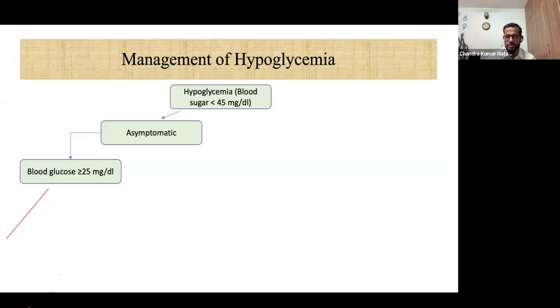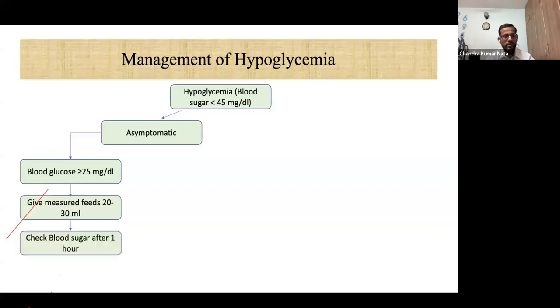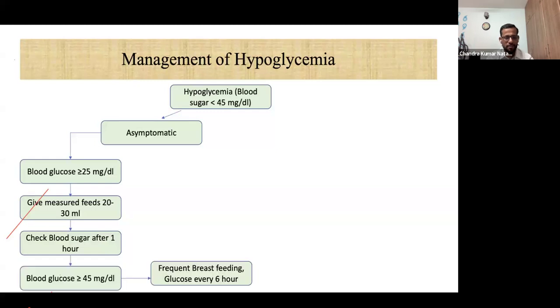Babies may not be symptomatic at 2 hours. If you check blood sugar, it may be less than 45, but it may be more than 25. It is more common in babies who are late preterm babies, IDM babies. If the blood glucose single value is more than 25, you can give measured feeds of around 20 to 30 ml. After giving feeds, 1 hour later, you can check the blood sugar.